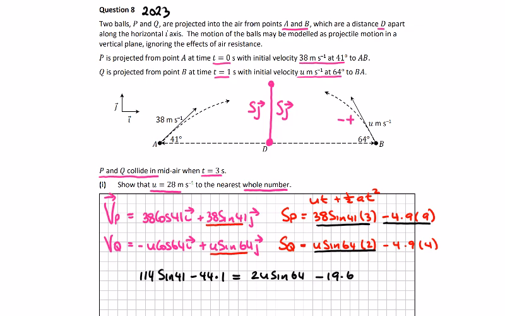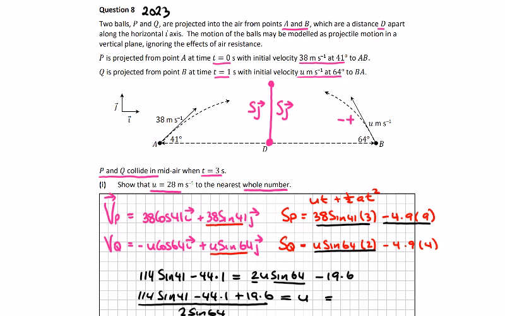So if we isolate u, we get 114 sine 41 minus 44.1 plus 19.6 divided by 2 sine 64. We'll leave u on its own.